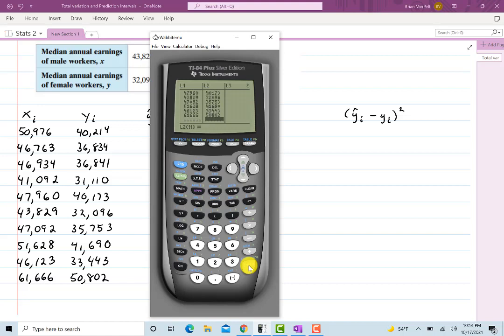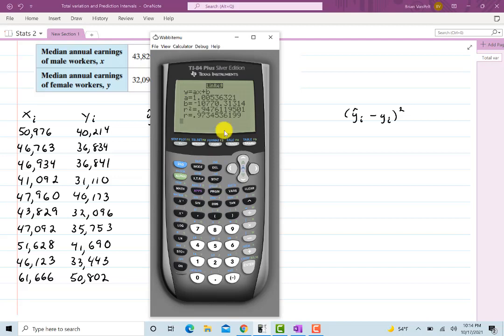All right, once we have this in, now I can go ahead and get my linear regression line. If you recall, the way to get that is to press the stat button, then go over to calc, and then go down to number 4 for LinReg. Let's hit that, and you can enter your way through. And there we have it. I'll go to 3 decimal places as needed.